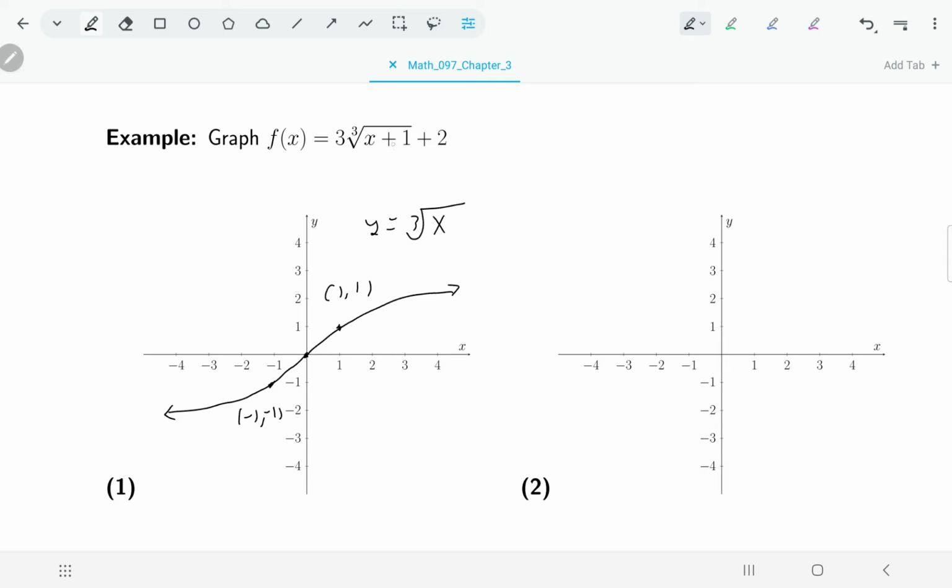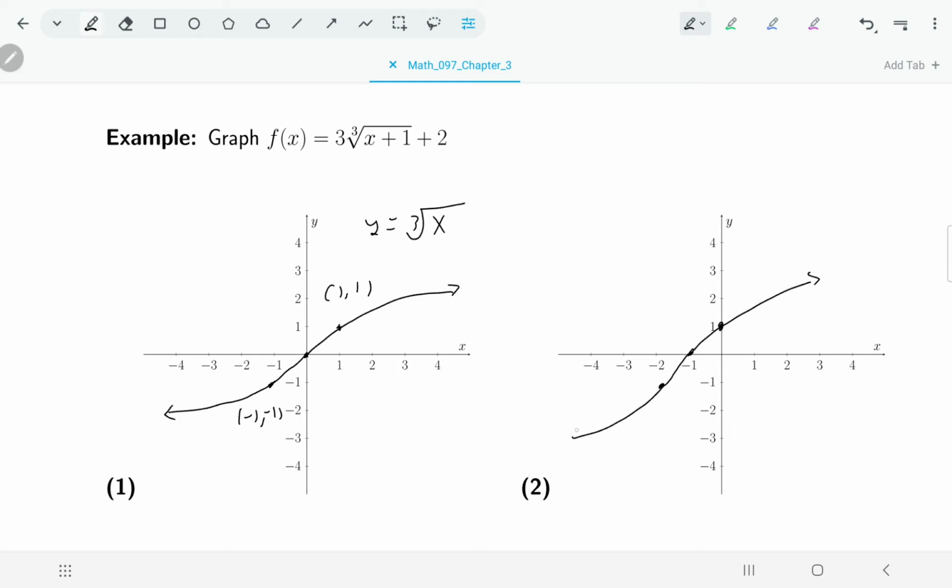Okay, for my transformations, I can see again 3 transformations that are going to happen. I have a +1, which means we're shifting things to the left. We have a vertical stretch by a factor of 3. We're shifting things upwards by 2. So I know again that I'm going to do my horizontal transformation first, shifting everyone to the left by 1, or subtracting 1 from all of my x values.